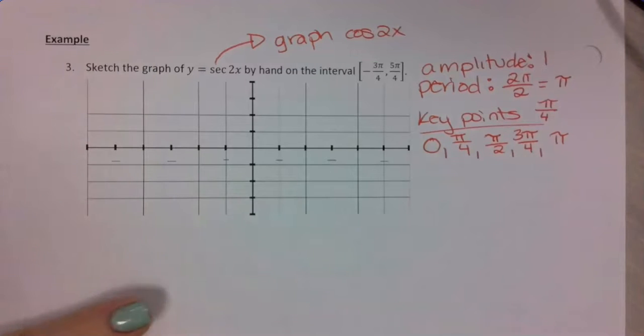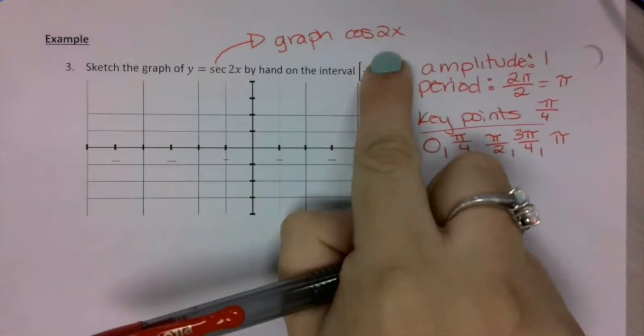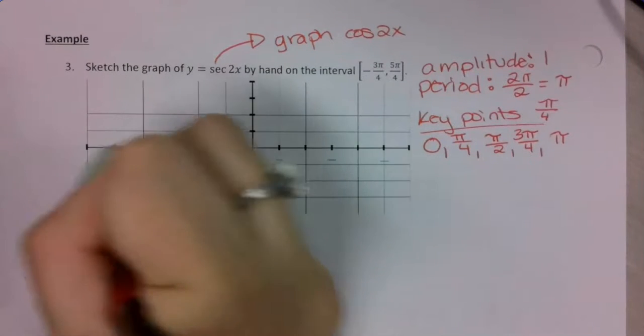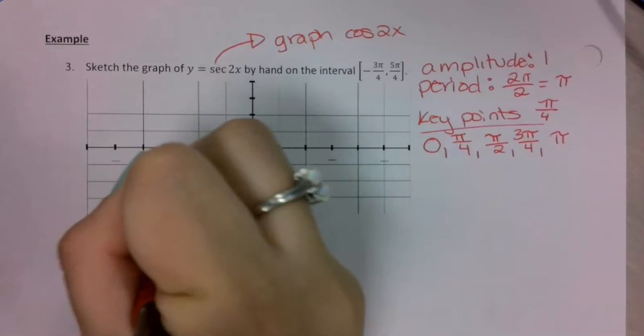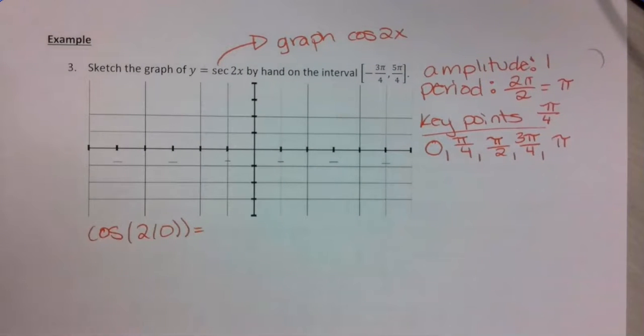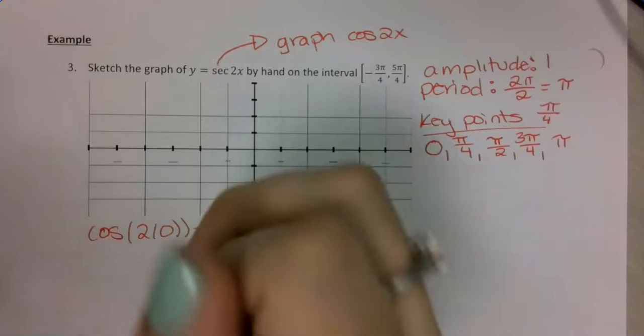Okay, these ones I am plugging into the cosine function. So I'm going to have cosine of 2 times 0. Oh wait, I forgot to label my graph. We'll do that in a second. Cosine of 2 times 0 is 1.